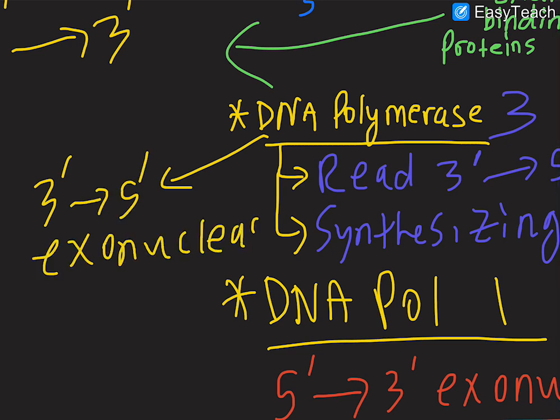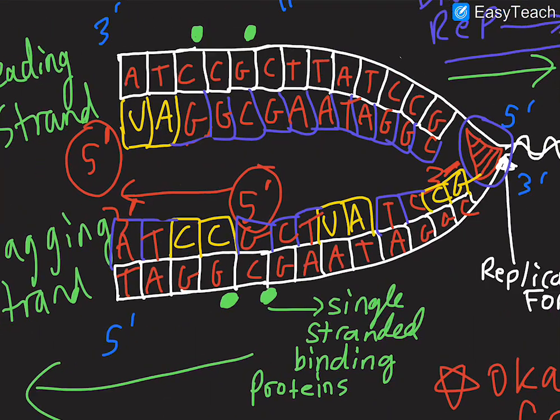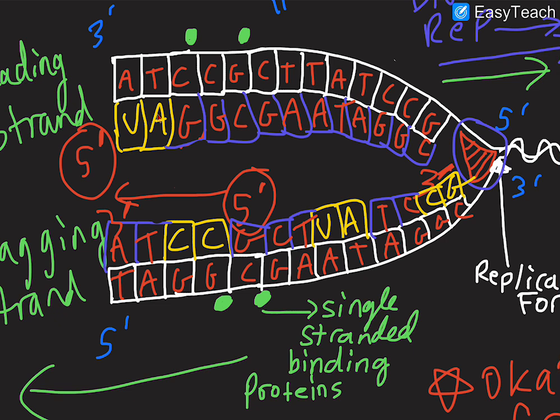That's important to note. For example, if DNA polymerase is laying down its nucleotides from 5 to 3 prime, and it senses that it put a wrong nucleotide in, one that's not the complement, then it can use its 3 prime to 5 prime exonuclease activity to proofread and put the correct nucleotide in. All right, so let's say we're on DNA polymerase 1.